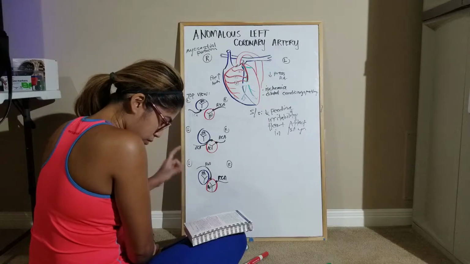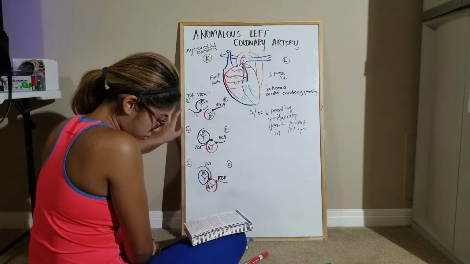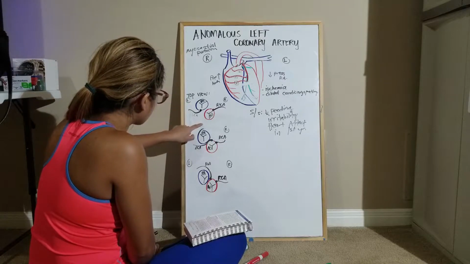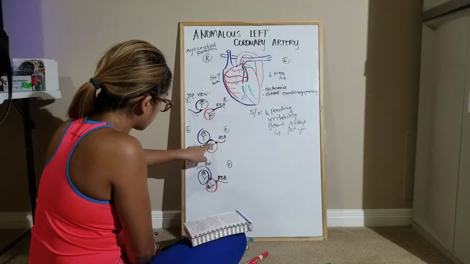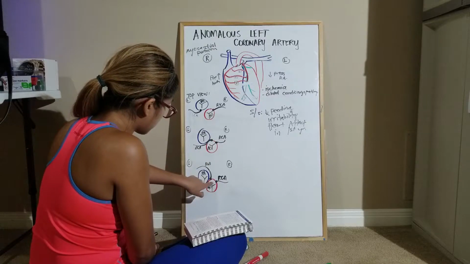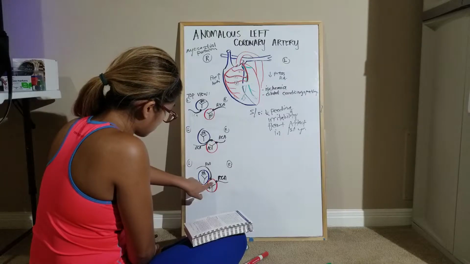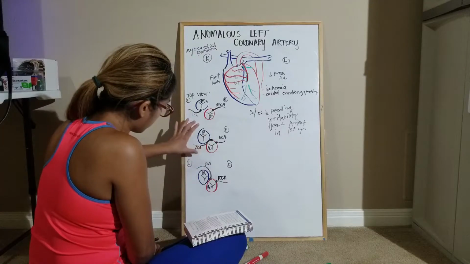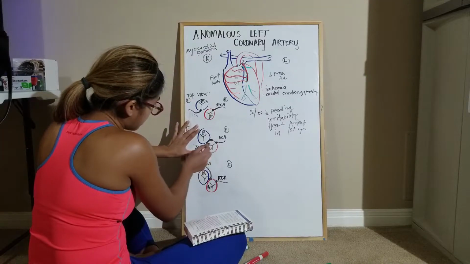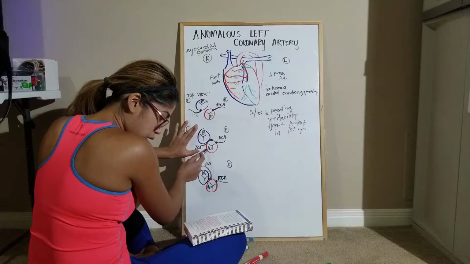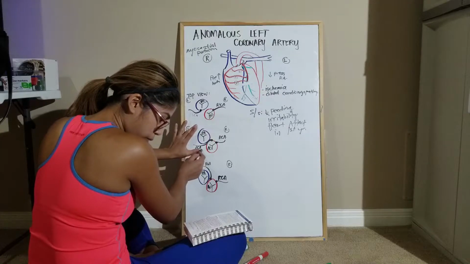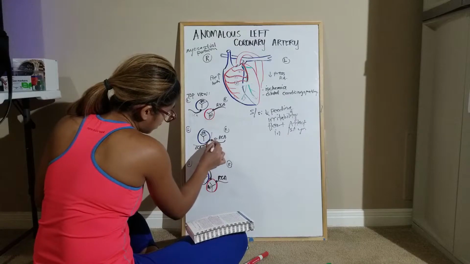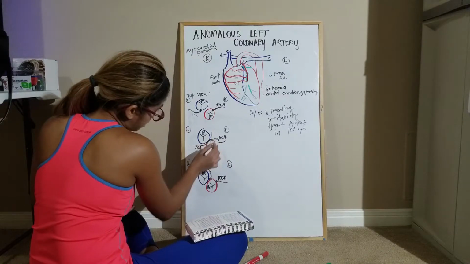So in patients with this case, where the left coronary artery comes from the right aortic sinus, it's coming from the right aortic sinus.